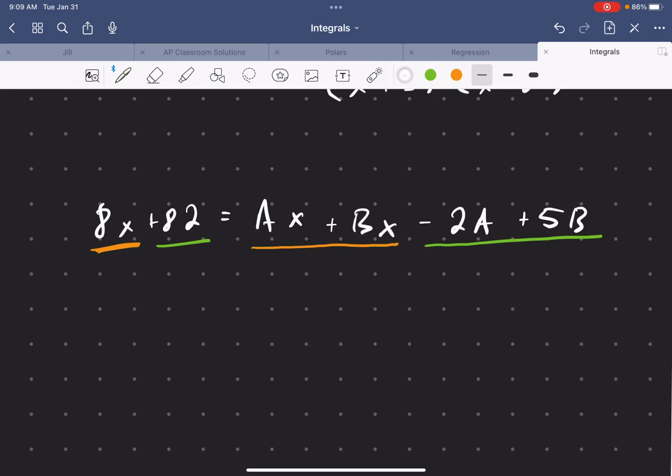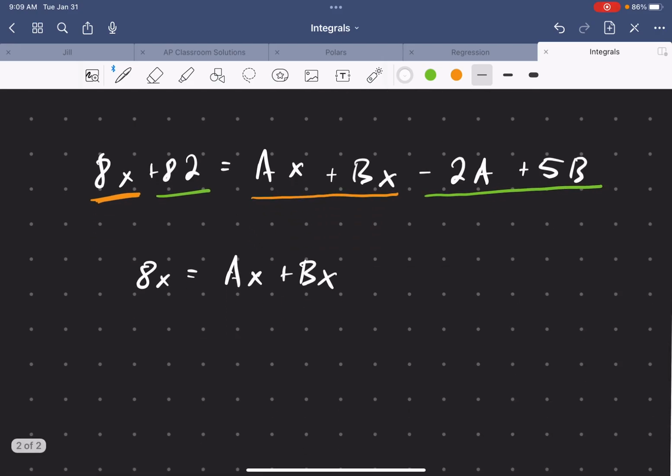What I could do here is just set the things that have x's equal to each other. So 8x has to be equal to Ax + Bx. And then I can set the constants equal to each other. So 82 would have to be equal to -2A + 5B.